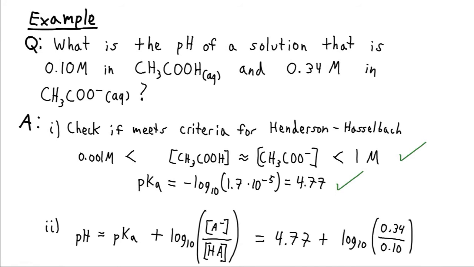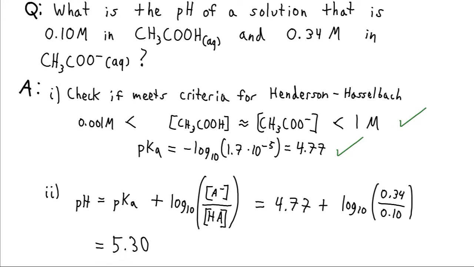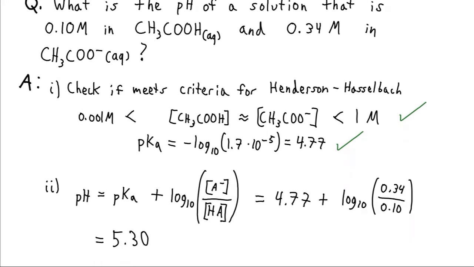So plugging in to our Henderson-Hasselbach equation, pKa of 4.77, log base 10 of the base concentration, this acetate, divided by the acid concentration, we get a pH of 5.3. That's the same pH that we got previously, so in this case this is a really good approximation.